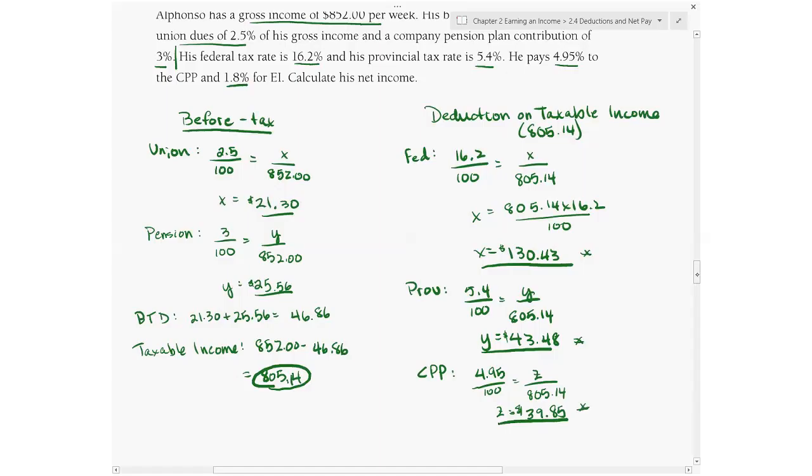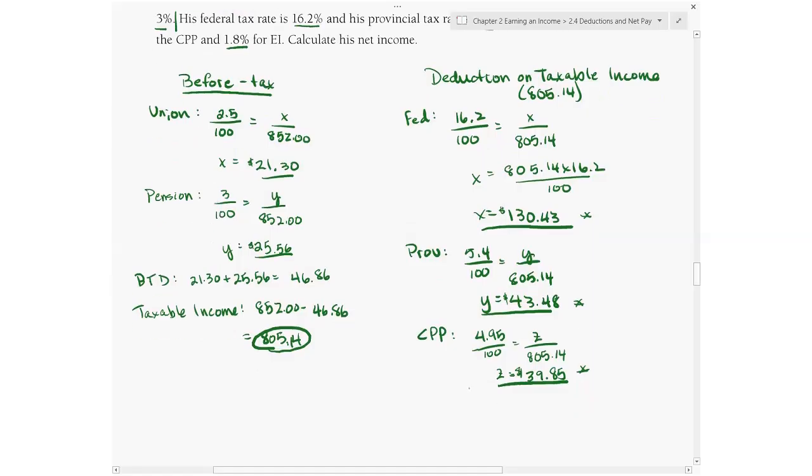I want to make sure I'm adding everything up. And then he's got EI, which is 1.8%. So EI, 1.8 over 100. What are we going to call this? T. I don't know why, just because. 805.14. So T is equal to 805.14 times 1.8 divided by 100, and that's 14.49.